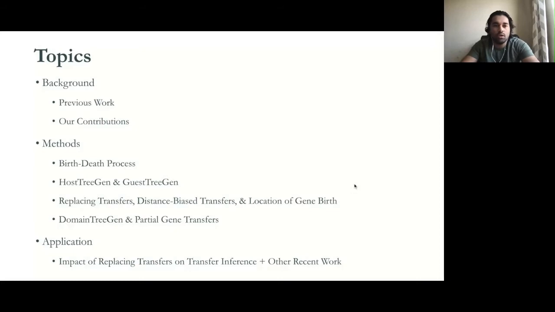We'll start by covering some background about the problems that are relevant to this simulation framework in the field of phylogenetics, and then move into the methods itself, about what we do to implement this simulation framework, and finally about applications of problems that this simulation framework can help us solve, and about benchmarking different methods on phylogenetic problems using this simulation framework.